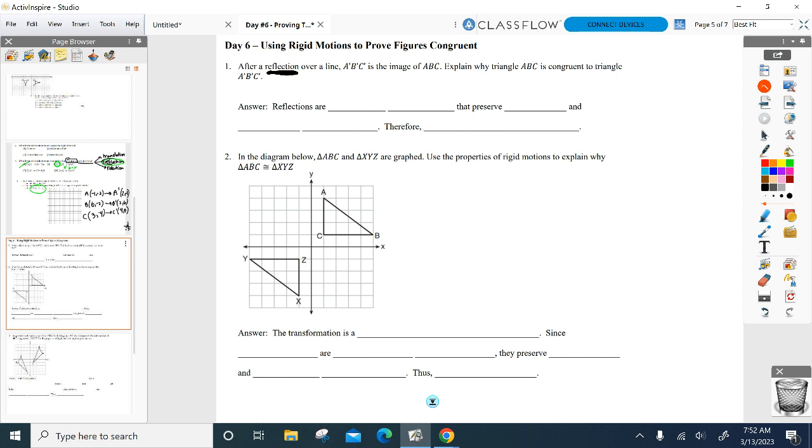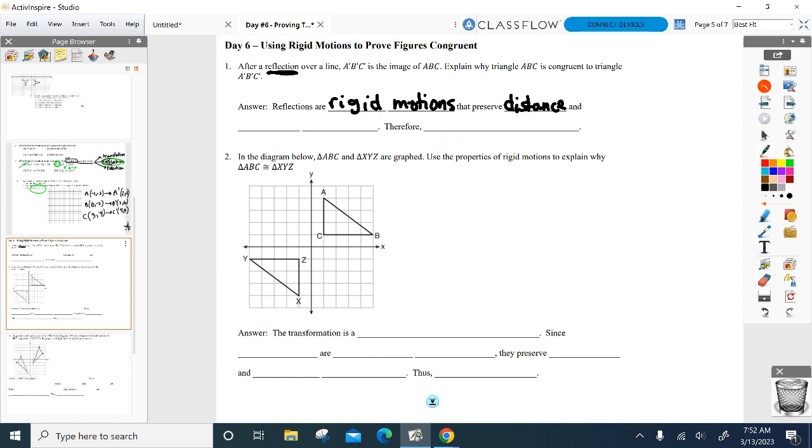All right. So why are triangle ABC, A prime, B prime, C prime congruent? Reflections are, what do we call them if it doesn't change size or shape? We've used this term already. Rigid motion. So reflections are rigid motions that preserve, ready? Distance, aka side length, everybody.